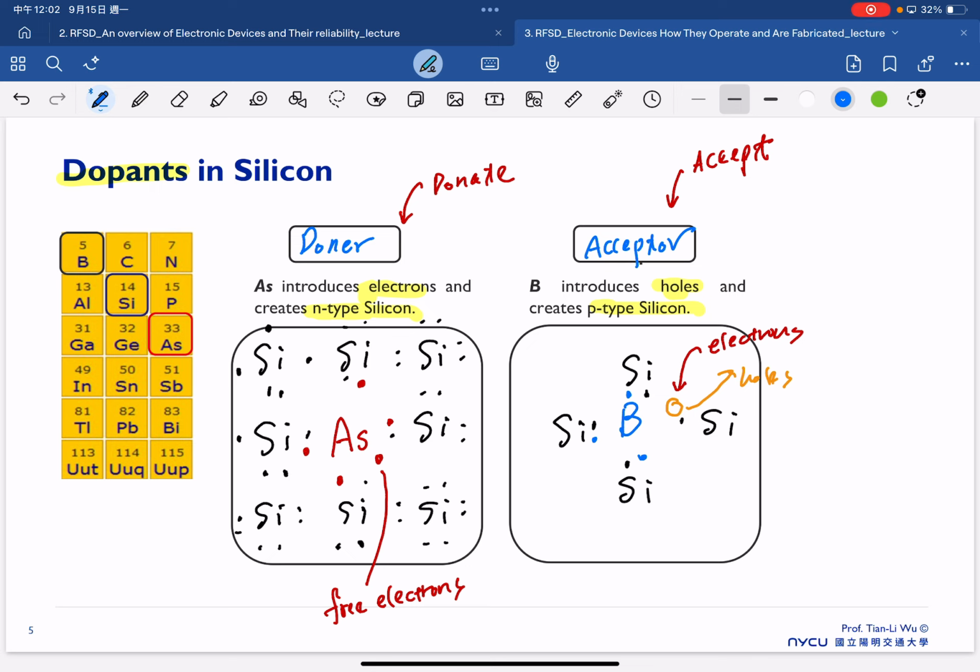But I hope now you can understand that donor and acceptor are related to whether they donate 1 electron or accept 1 electron. That's why we call them donor or acceptor, and that's how we can make silicon material with N-type doping or P-type doping.